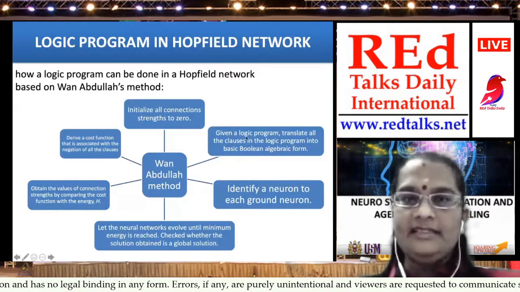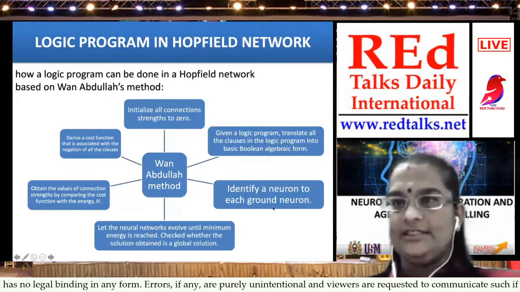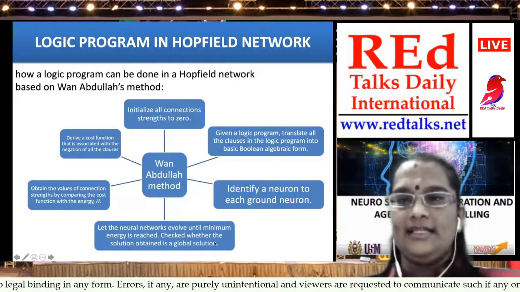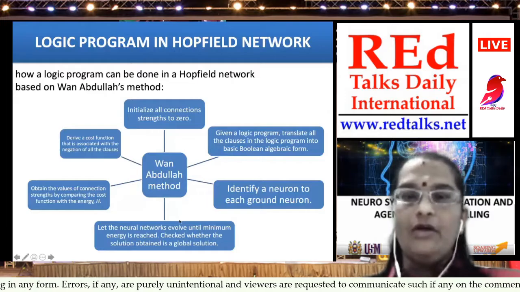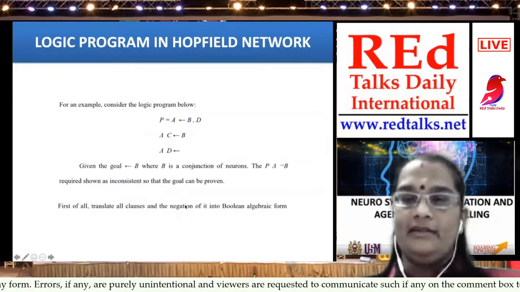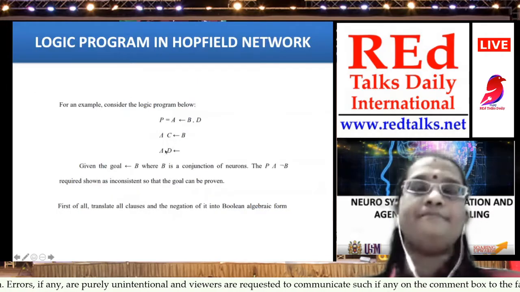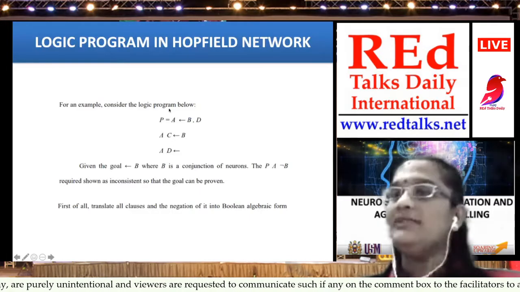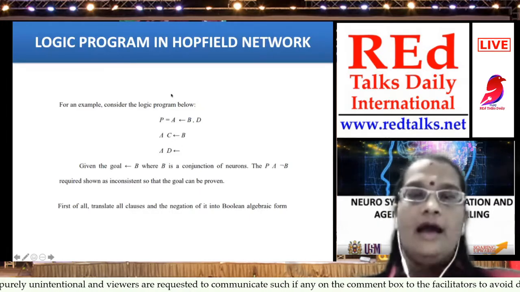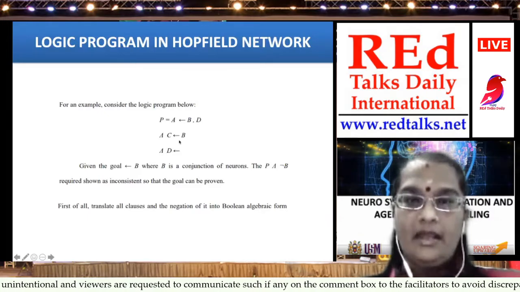We start with this: we initialize all the connection strengths, then translate into Boolean algebraic form, then identify a neuron, let the neural network evolve and get the model. For example, consider the following logic program. I want to solve this logic program.